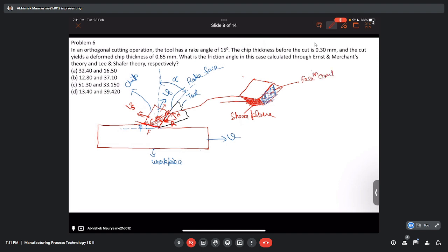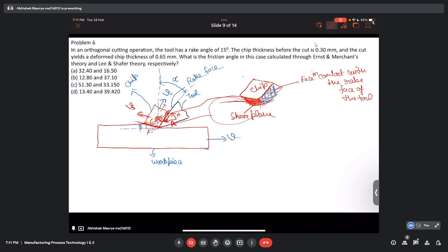Face in contact with the rake face of the tool. Here it is the chip. So now the forces I am showing here.